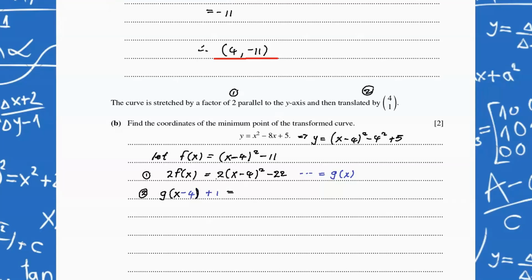So we are performing them on the above, which will be 2 of x minus 4, and there's another minus 4 here, and close bracket squared, and it's minus 22, which was already there, but there's a plus 1, so I'll say here plus 1.